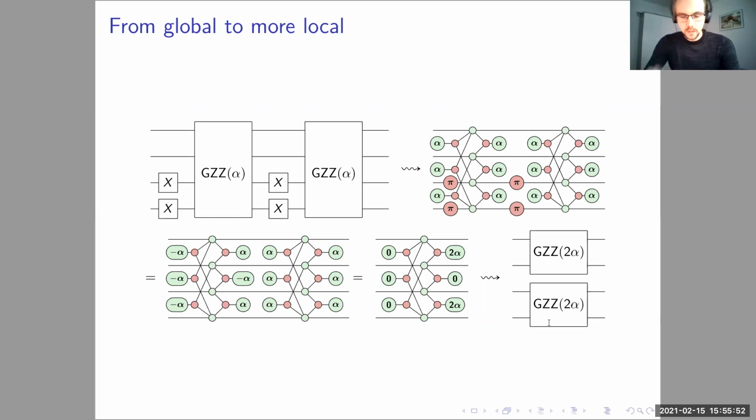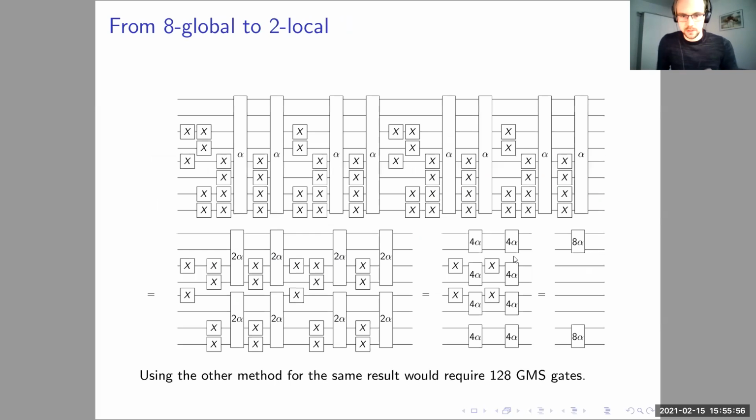Okay. So the next step is simply to iterate this. So I'm going to show you a large diagram. The goal here is that we can get any combination of 2 qubit gates. I'm just going to focus on the end result first.